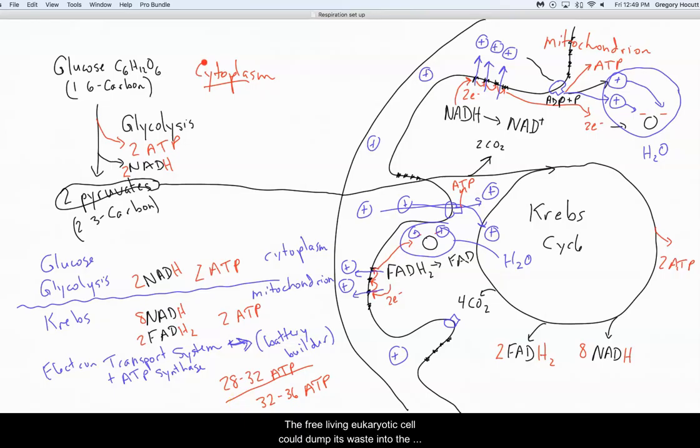The free-living eukaryotic cell could dump its waste into the bacterium, the bacterium gets fed, and then the bacterium produces so much ATP there's enough to spill over and donate back to the eukaryotic cell.